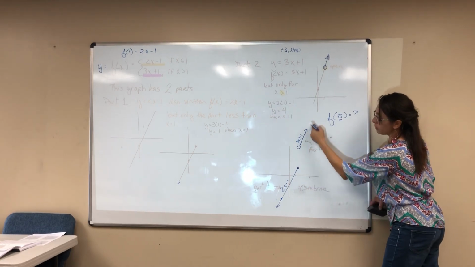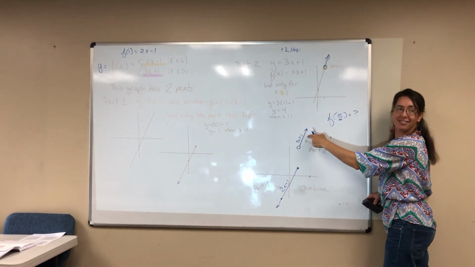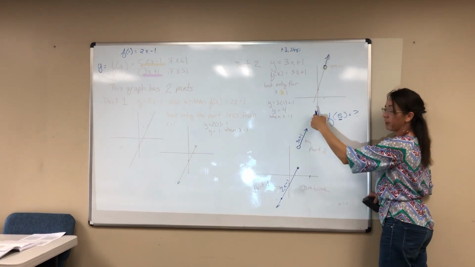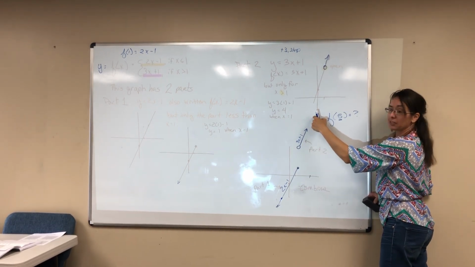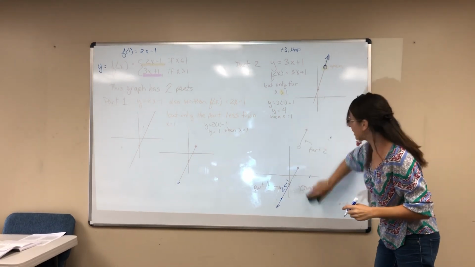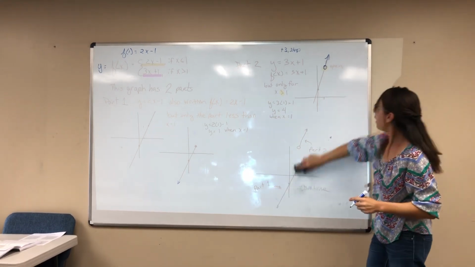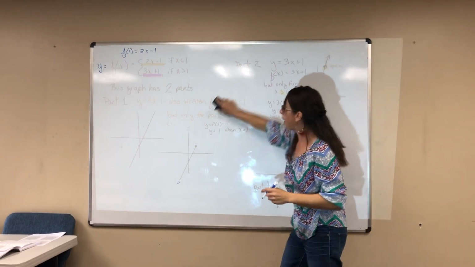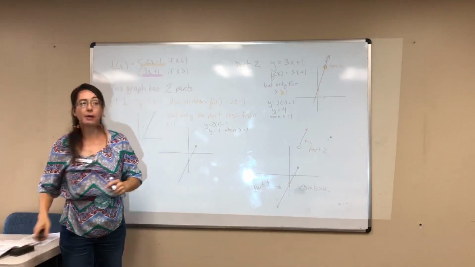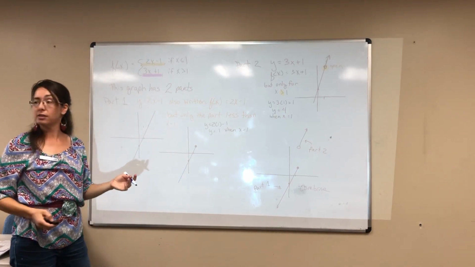And then it's going to be up here on this graph. This is the one that I'm going to use. When x is 5, I'm touching up here at 16. So we're just taking the lines that we already know how to graph, combining them, breaking them up a little bit, and there can be as many as we want.